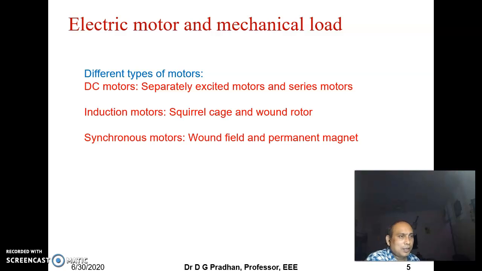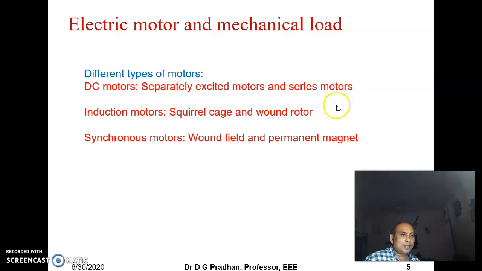In this subject, we will come across various types of motors, like DC motors and AC motors. The various types of DC motors are shunt motor, series motor, compound motor, and permanent magnet motors. For speed control applications, we will use the separately excited motor and the DC series motor.